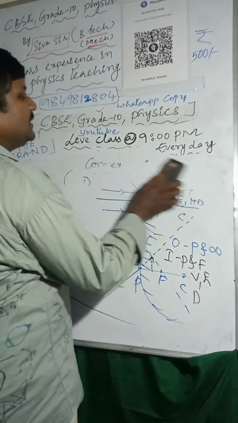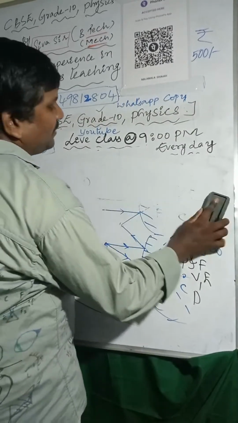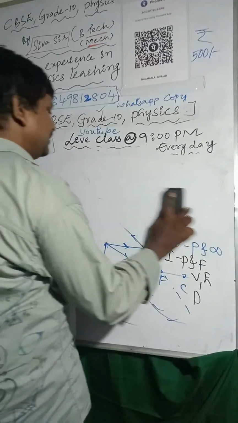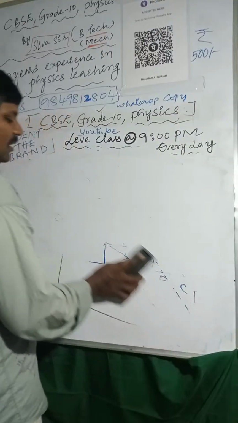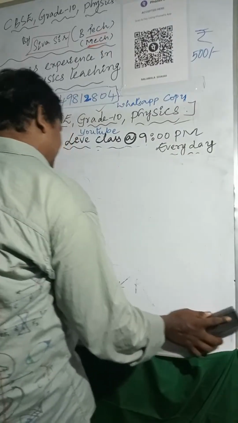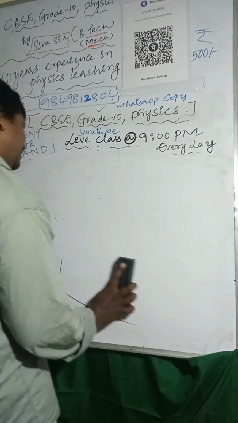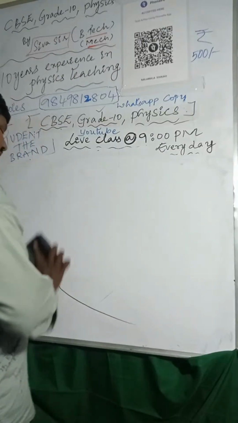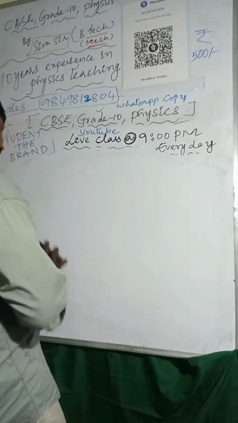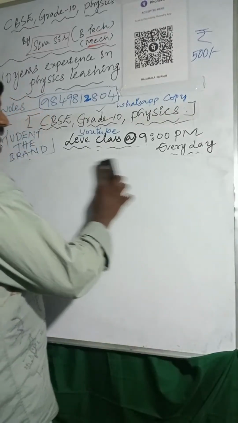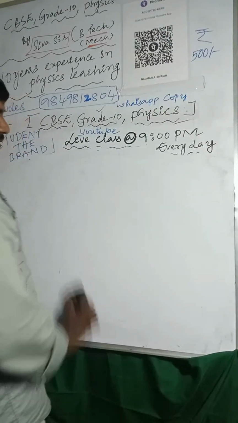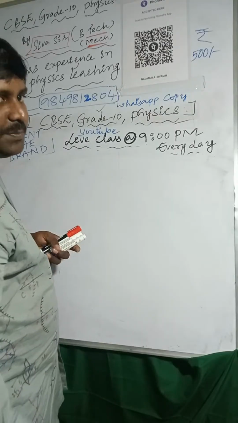New Cartesian sign convention. All distances are measured from the pole. Distances are positive above the principal axis. Distances are negative below the principal axis.